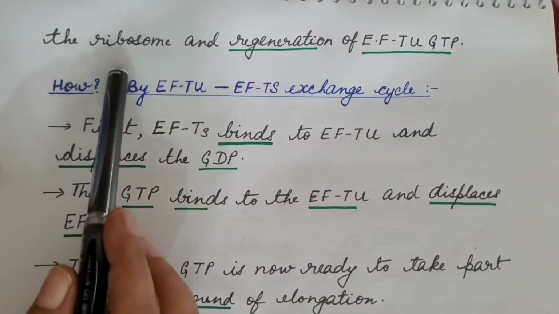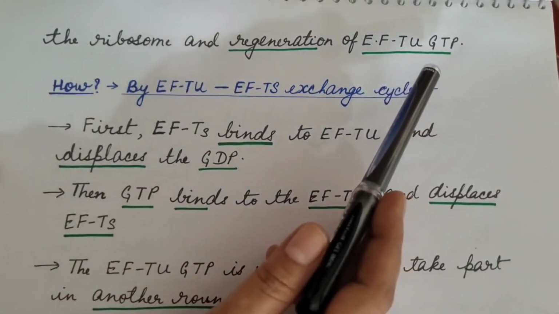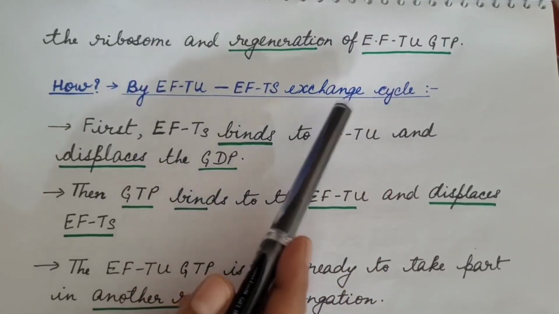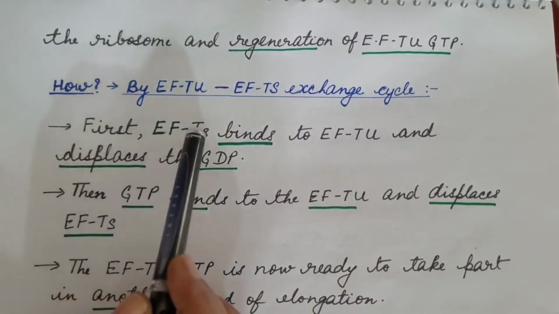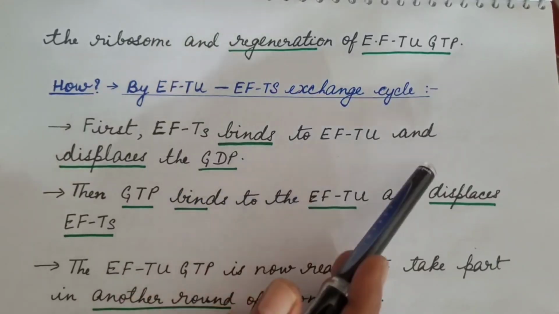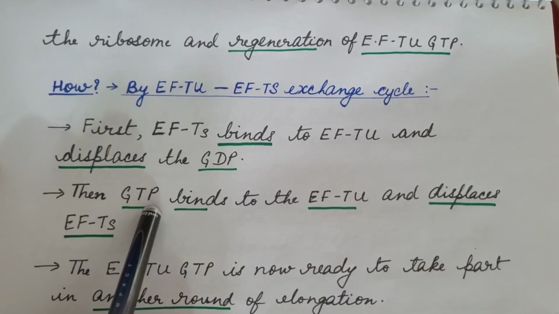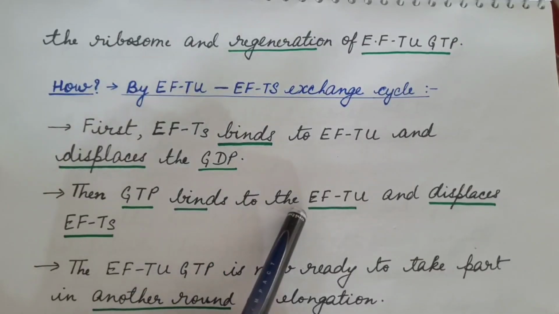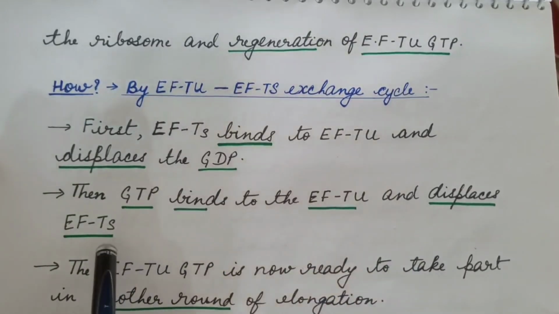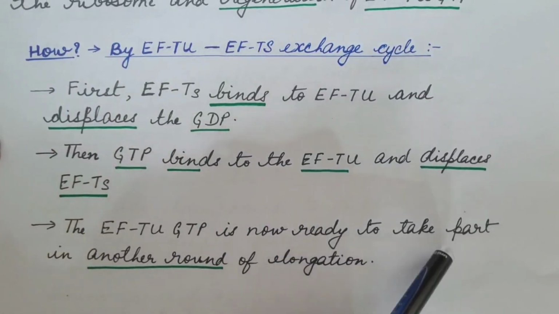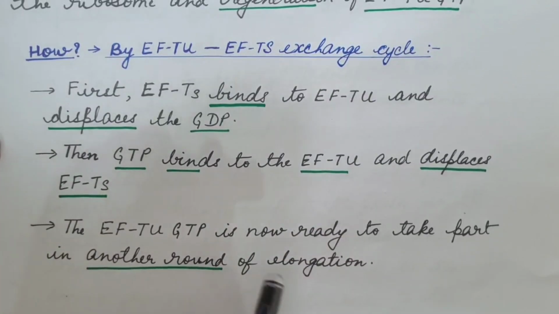So how does the regeneration of EFTU-GTP take place? By the EFTU-EFTS exchange cycle. First, EFTS binds to EFTU and displaces the GDP. Then GTP binds to the EFTU and displaces EFTS. EFTU-GTP is now ready to take part in another round of elongation.